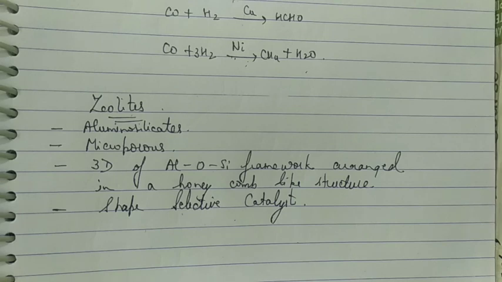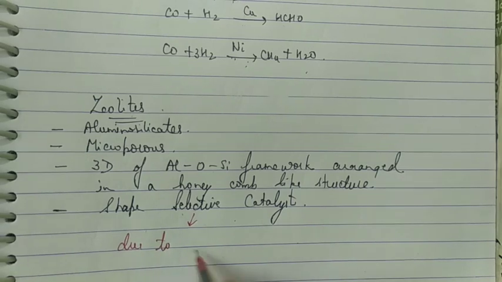And not every reactant has the tendency to come and bind to its surface. They are quite selective in nature. So the reactant molecule which can fix to the surface of zeolite, only there can the combination of the reactant and the catalyst happen, and only in that case can it be used as a catalyst. That is why it is known as a shape selective catalyst.